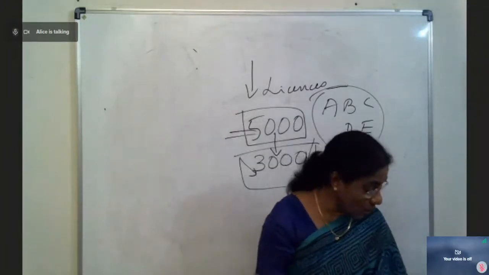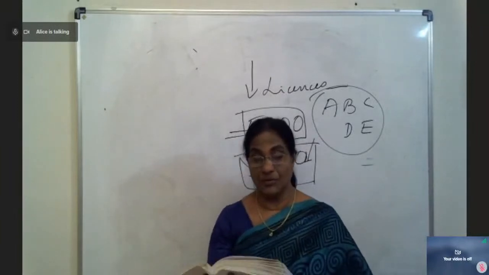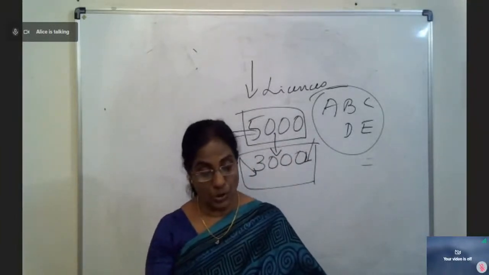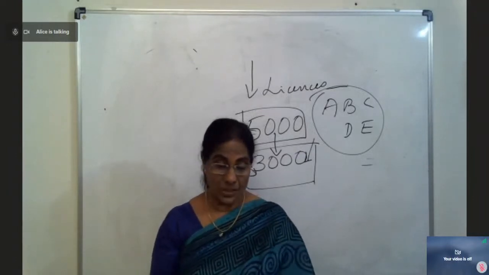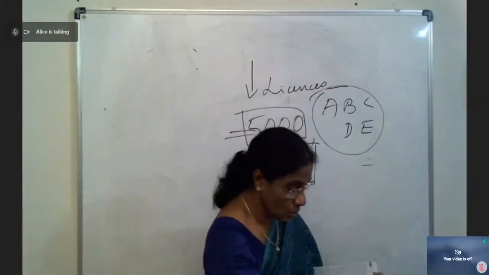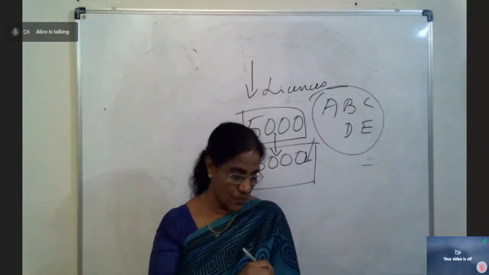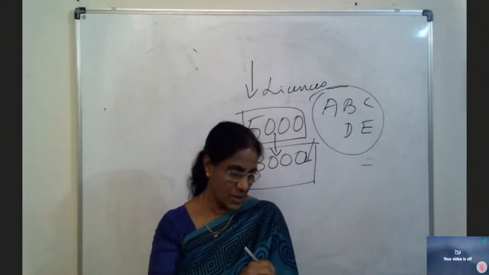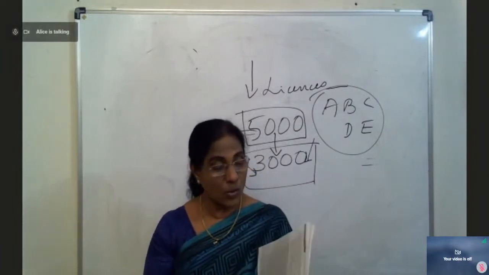I think we need to wind up now. Let me check where we reached in the book. Import quotas, yes, welfare effects of quota. Yeah, we are stopping at price control measures. The rest we will continue tomorrow, because this involves a lot.